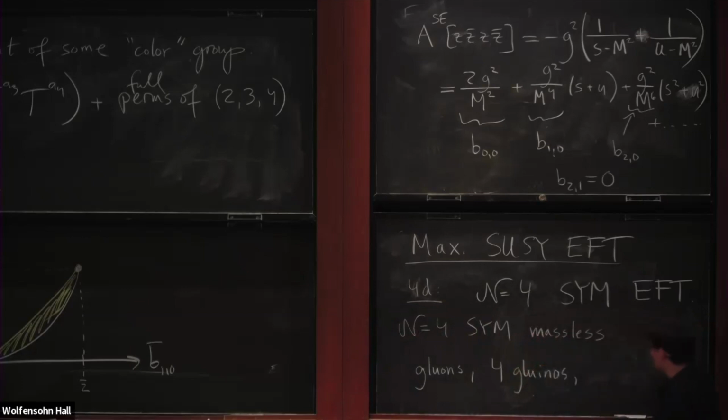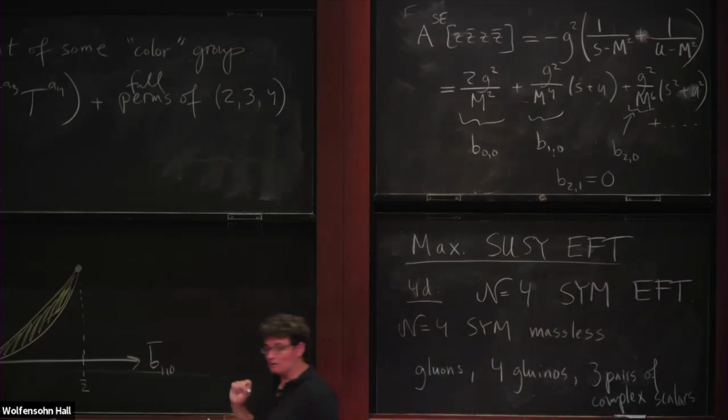And then to round the whole thing off, there also have to be 6 real scalars. These 6 real scalars we combine into 3 pairs of complex scalars. I'm going to pick one of those pairs and call it Z and Z bar.